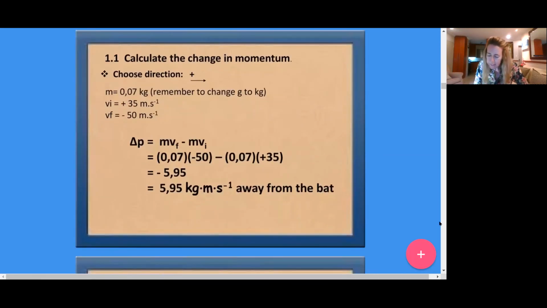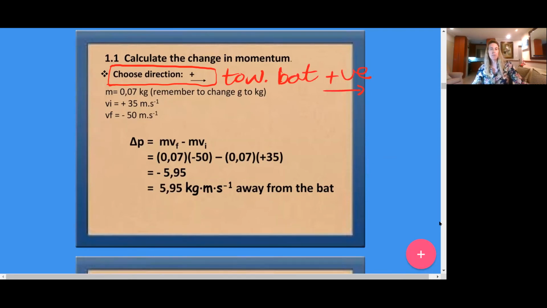We always have to choose a direction to be positive first. And we say that towards the bat will be our positive direction, right? So the mass we have been given as 0.07 kilograms.